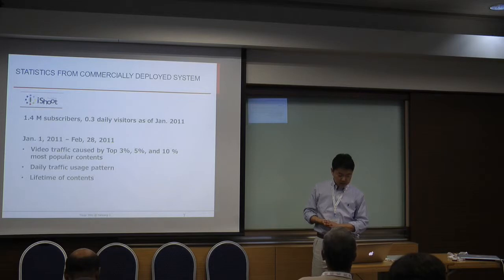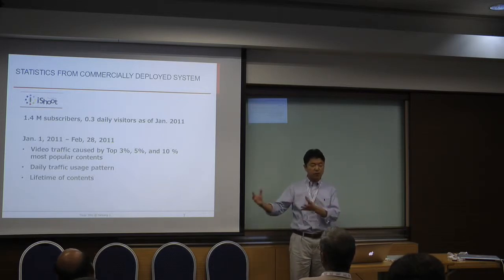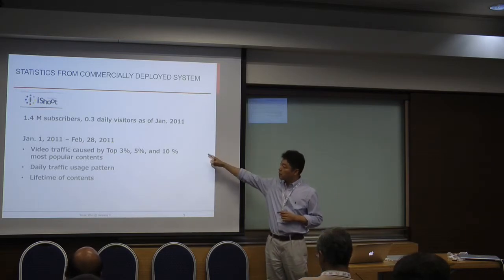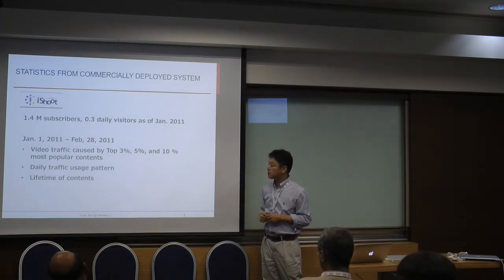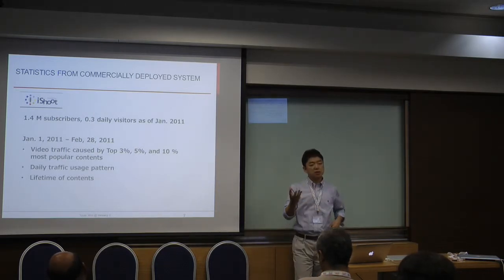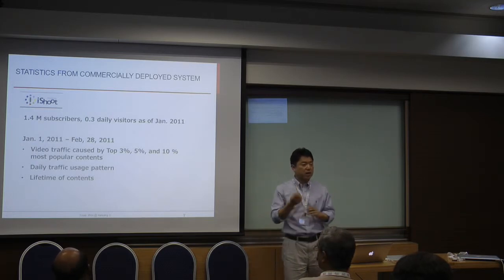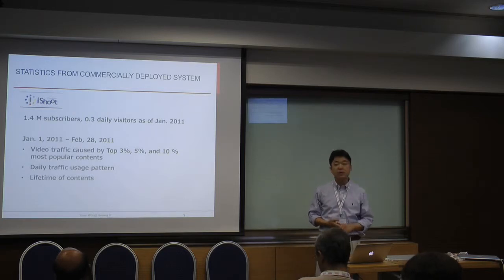The first is we compare the RAM, the bandwidth, and the traffic volume generated by the top 3, top 5, and top 10 most popular contents. Then we also examine the server bandwidth based on the daily usage of individual users, and the lifetime of the individual contents.